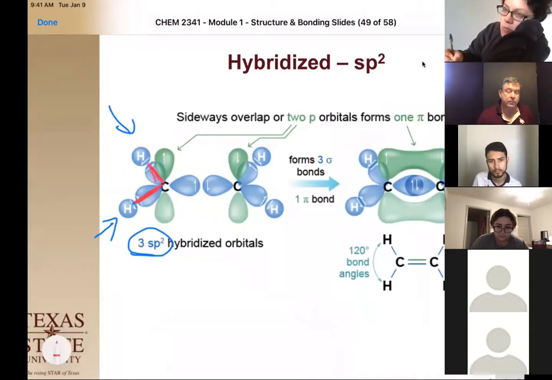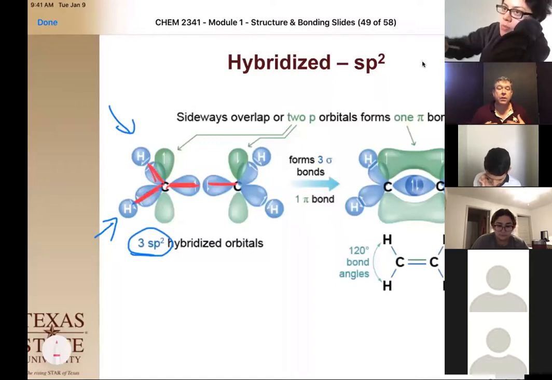One of the orbitals is bonding to a hydrogen here, and one of the other orbitals is bonding to an adjacent carbon here. Okay, so when we have this direct overlap of an s orbital with a hybridized orbital, or two hybridized orbitals, we generate a sigma bond, or a single bond directly in between those two atoms.